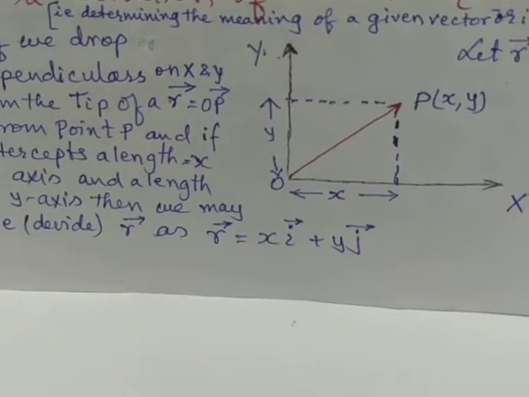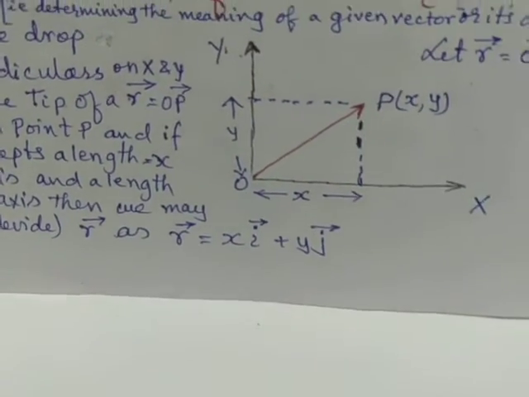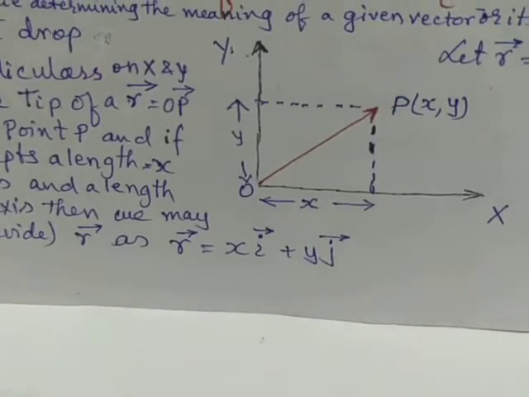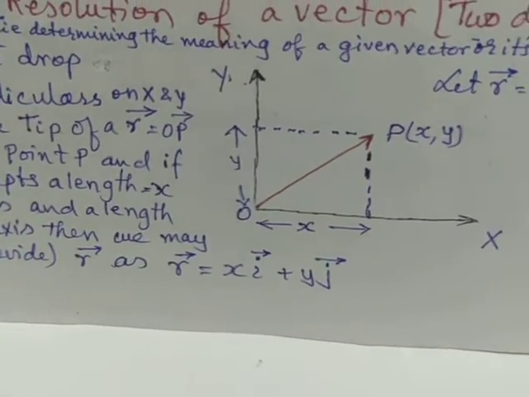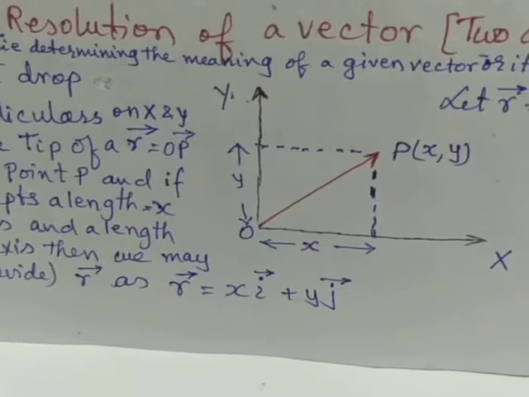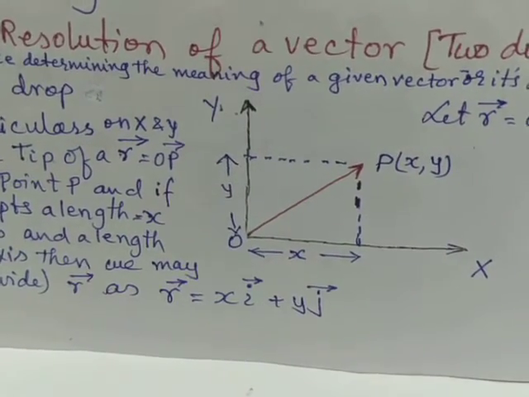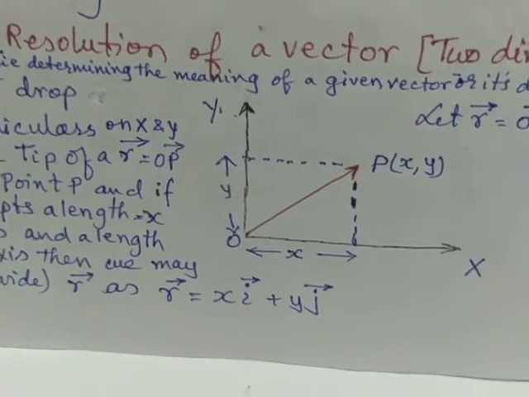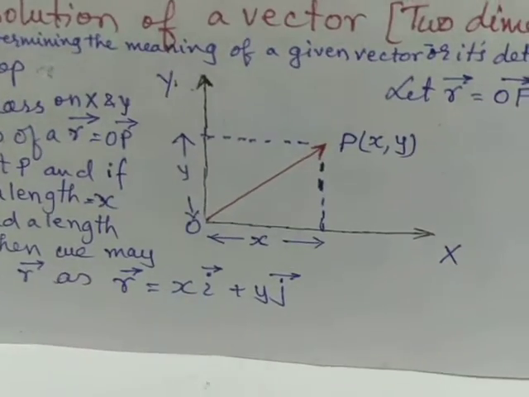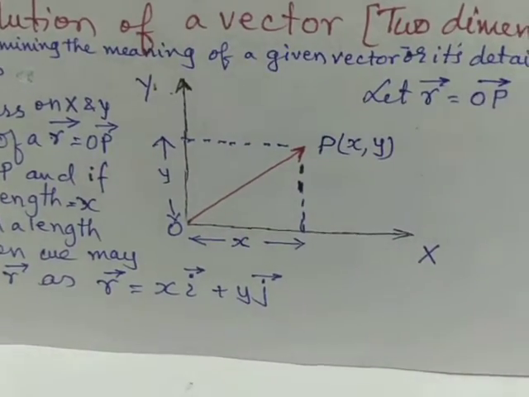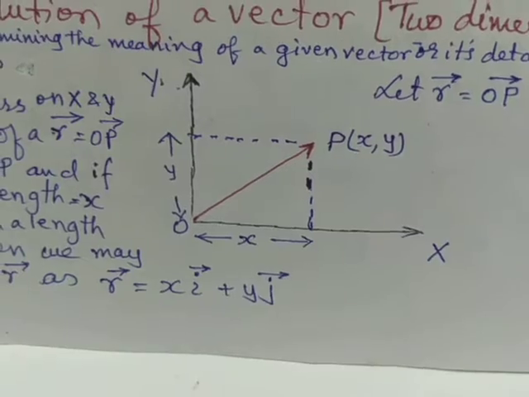Since O is common with the x-axis and y-axis, the perpendicular will fall at the same point O itself. Therefore we drop a perpendicular from the final position P on the x-axis, and again on the y-axis from P.